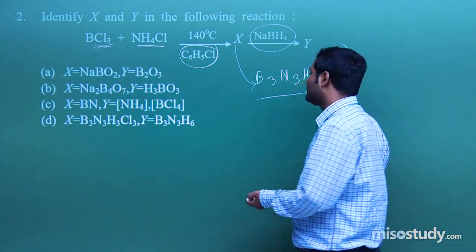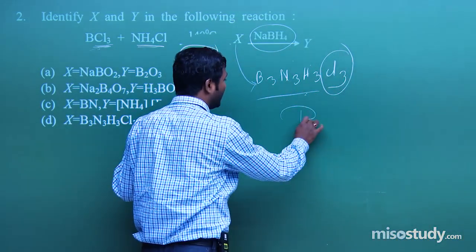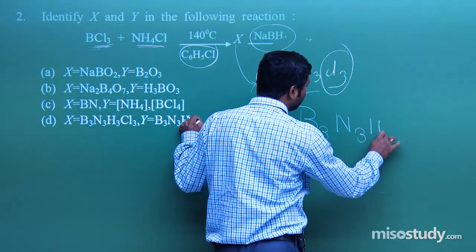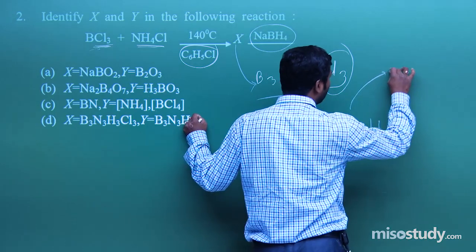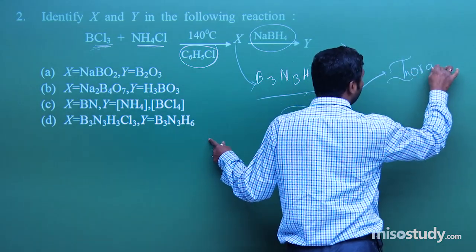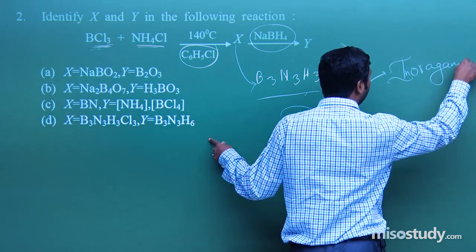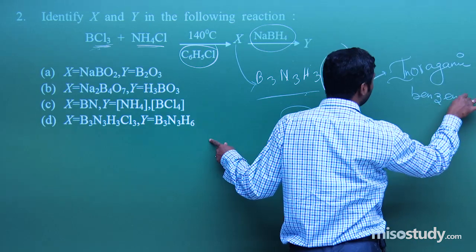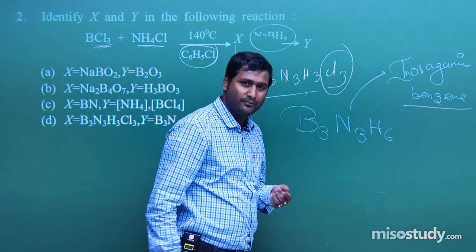And one more thing I have to mention here, B3N3H6 is an important compound which is known as inorganic benzene, because it has a structure similar to benzene.